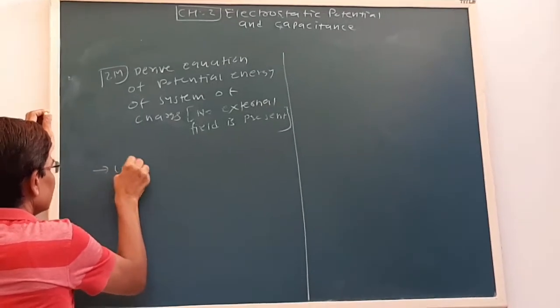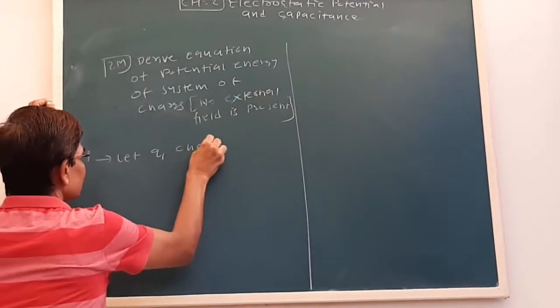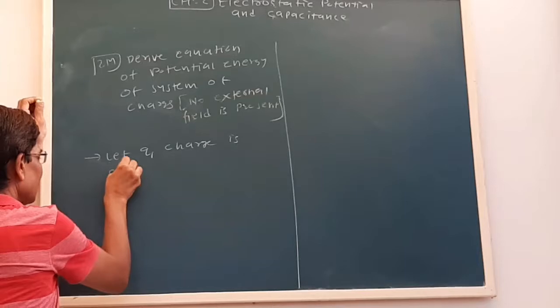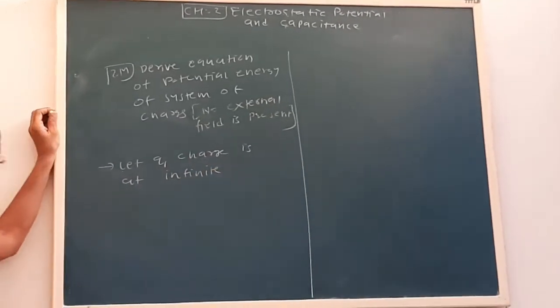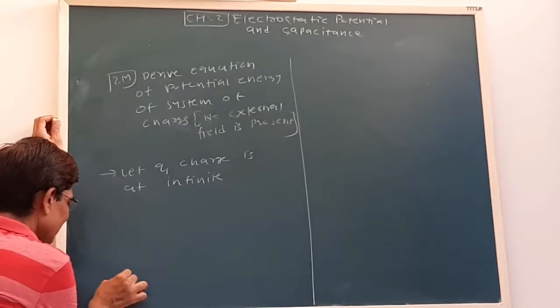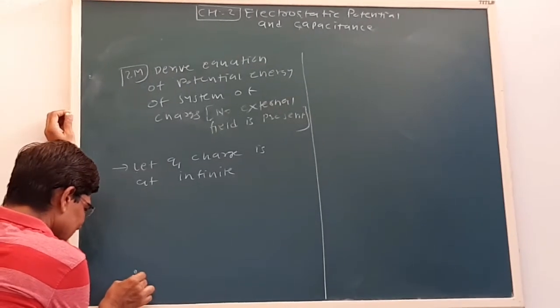Now let the Q1 charge be at infinity. For simplicity we assume this is our origin.